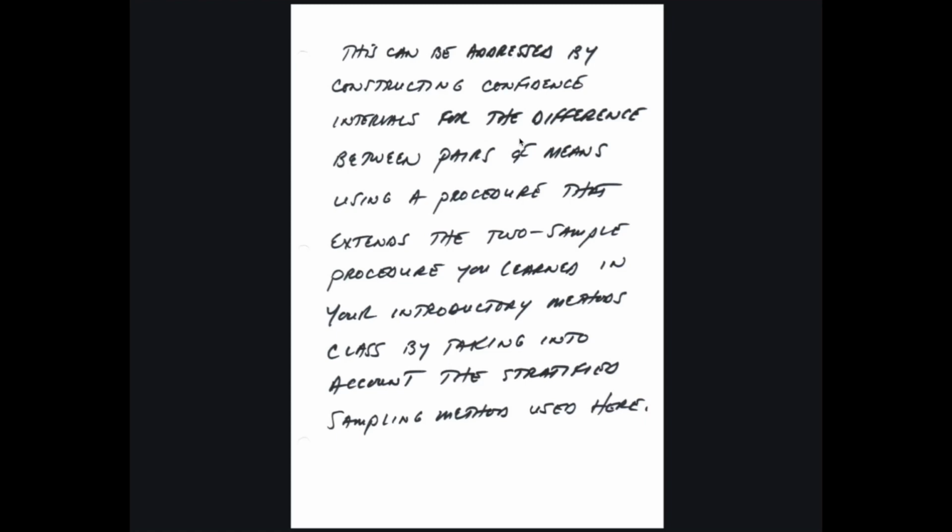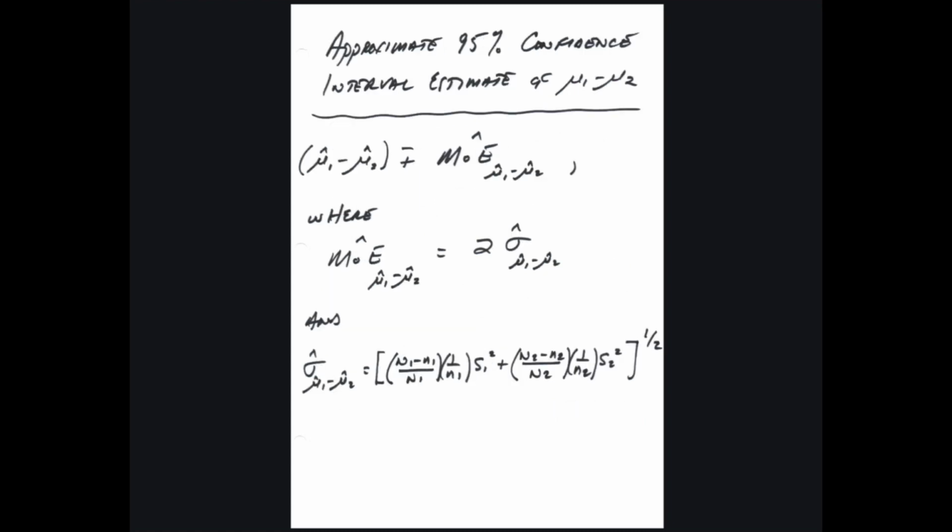In this case, we have stratified random sampling, and in particular, within each stratum, we've selected a simple random sample. And so that whole sampling mechanism has to be taken into account in order to properly construct confidence intervals for the differences between the means of two strata. So let's look at how to construct an approximate 95% confidence interval estimate for mu1 minus mu2.